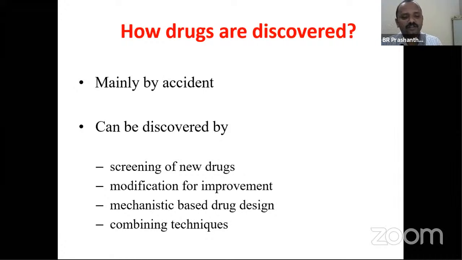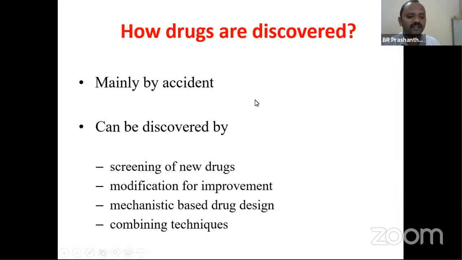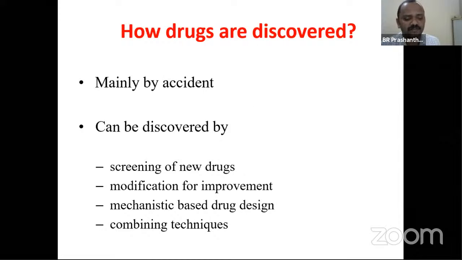Some molecules on the top may fail, and some molecules in the middle may succeed because of various reasons. One really cannot expect at that point of time, so it is mainly because of serendipity.